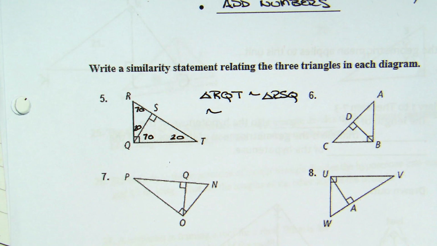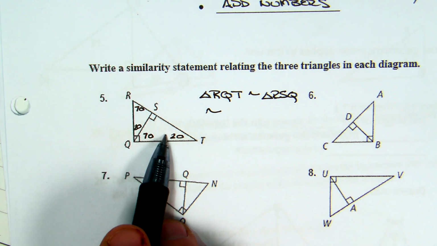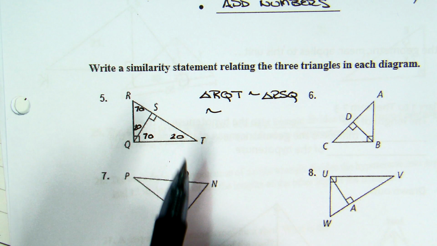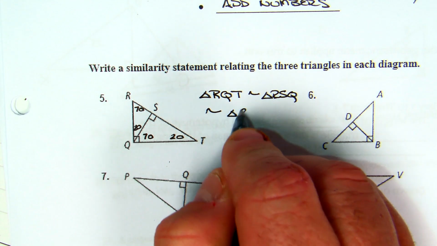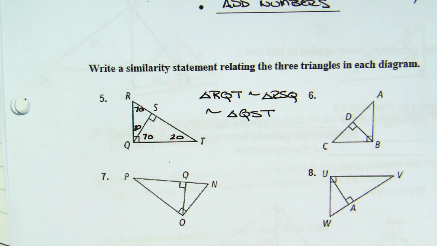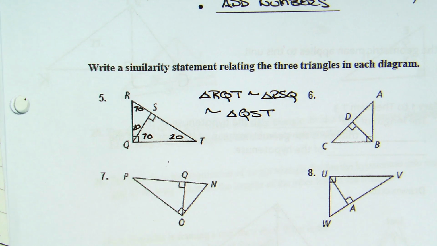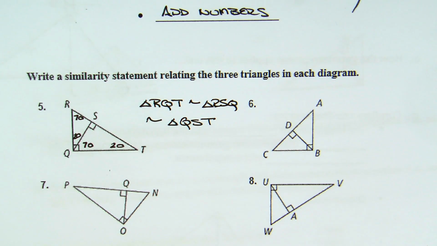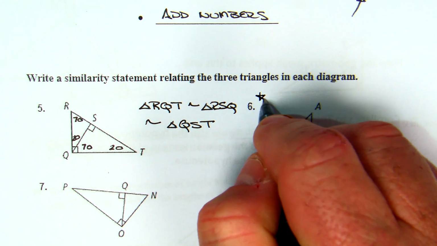And now I'm going to do the same thing with the lower one. Again, 70, 90, 20 means Q, S, T. Okay? Does that make sense? So if you plug in numbers, it'll enable you to find the path. So whichever method you use, give number 6 a whirl.